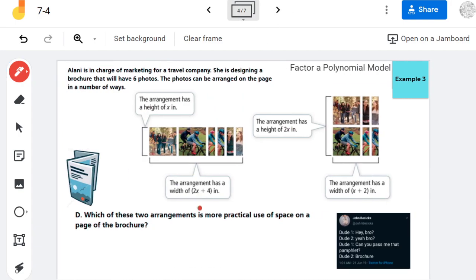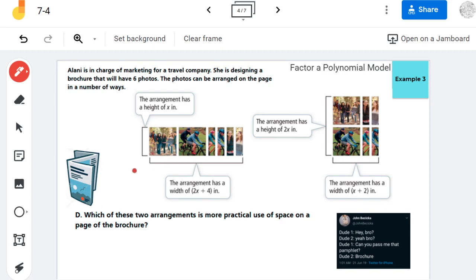So now for part D, they're asking which of the 2 arrangements is a more practical use of space on the page of the brochure. Okay, so should we have them all laid out like this, or should we put them like this? Now remember, a brochure is usually a piece of computer paper, so an 8.5 by 11, that's folded into thirds.